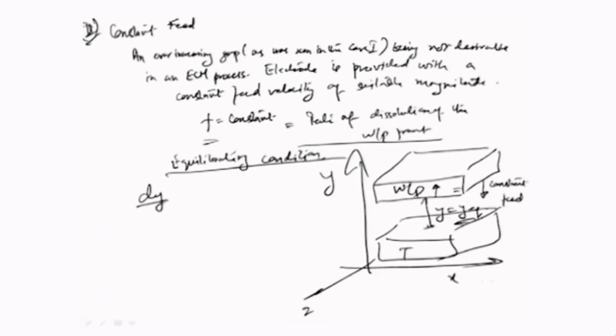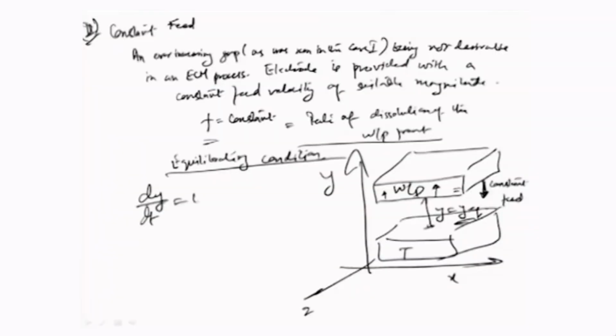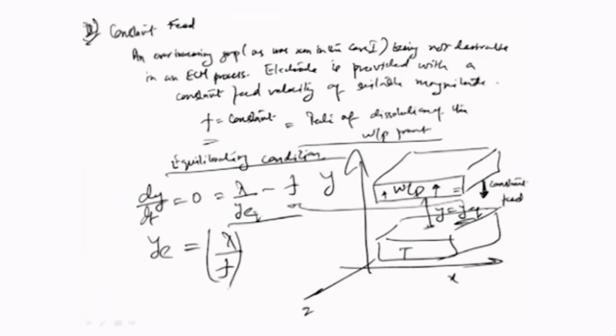Y equilibrium, because it is essentially the two processes, the surface moving away from the tool because of dissolution and the workpiece propagating towards the tool, that are in equilibrium with each other, they are constant. So, dy by dt becomes equal to 0 in that illustration, and that can be represented as lambda by yeq, where yeq is the equilibrium gap, minus f. In other words, the equilibrium gap can be calculated as lambda by f.